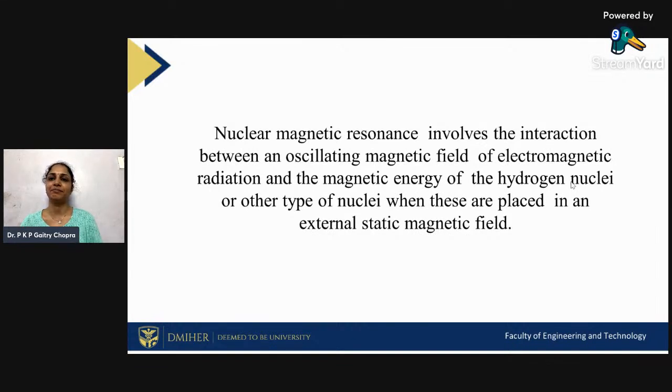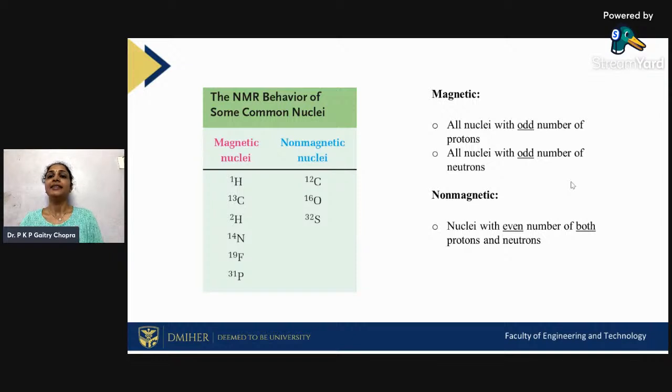Next. This slide gives you the behavior of some common nuclei which are magnetic in nature and which can show you the NMR spectra, or we can say which are NMR active. Here, in the heading, I've written magnetic.